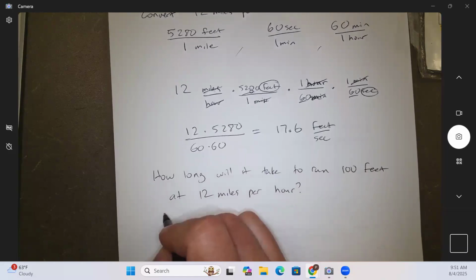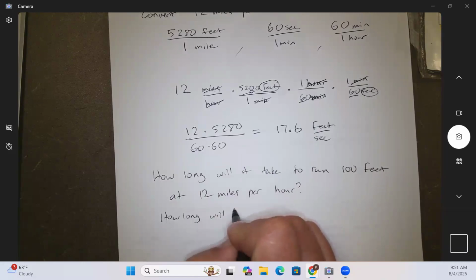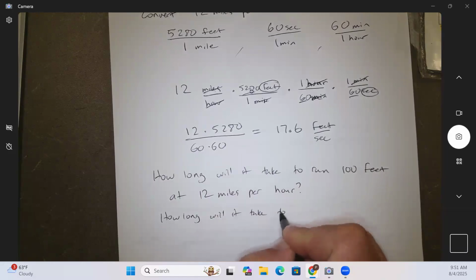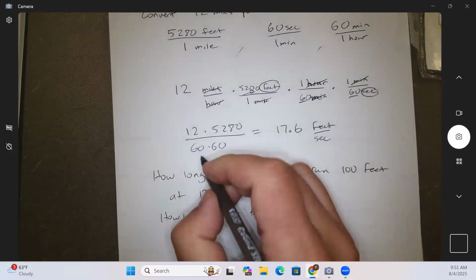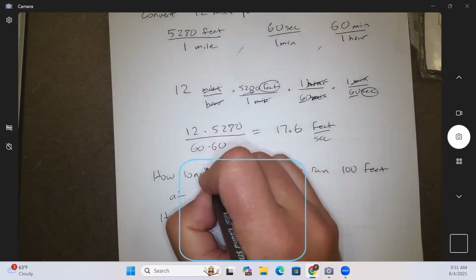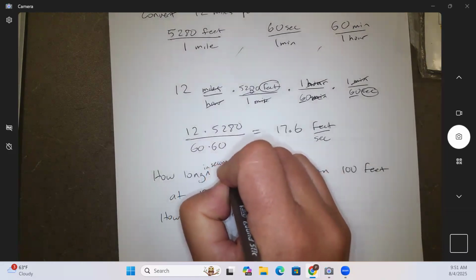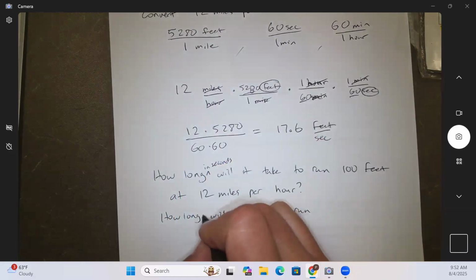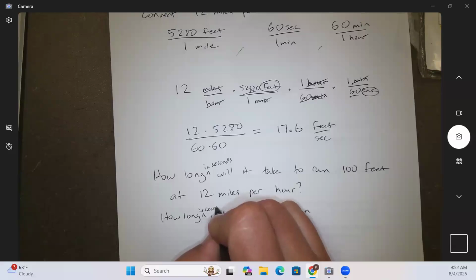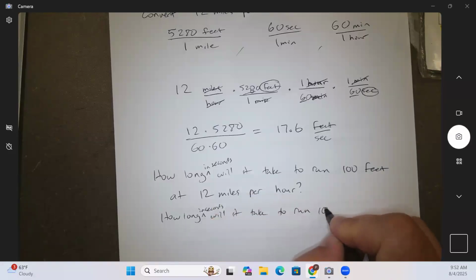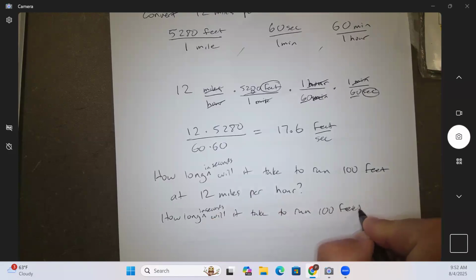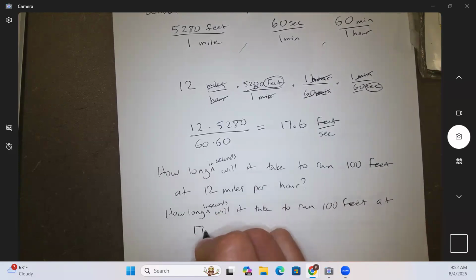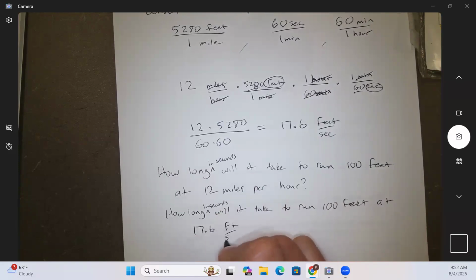So we convert this to how long will it take to run? And by how long, I mean how long in seconds? Because usually when we're talking about sprinting, we're talking about seconds. How long in seconds will it take to run 100 feet at 17.6 feet per second?